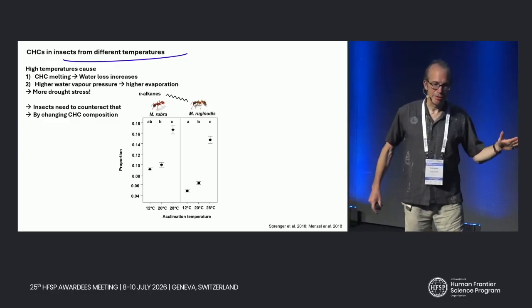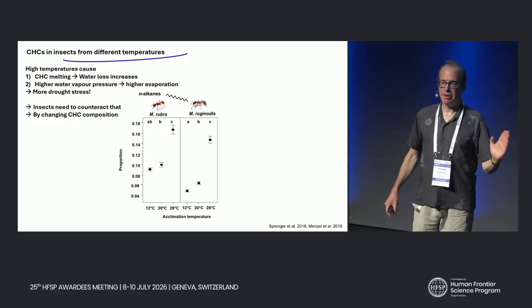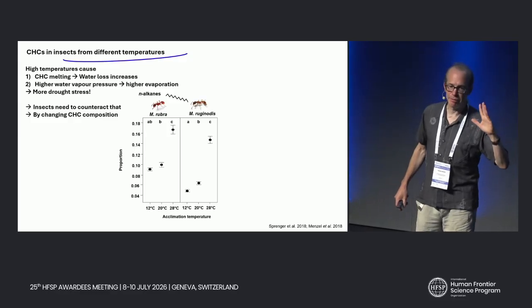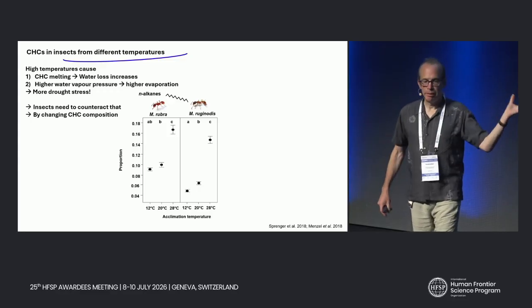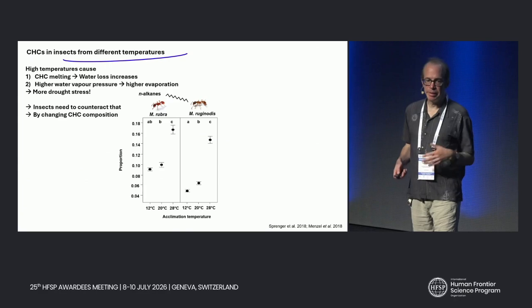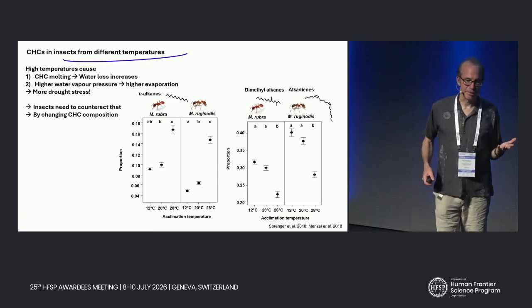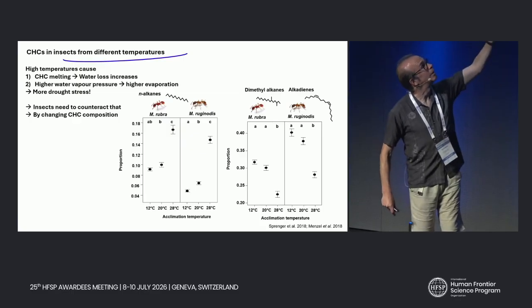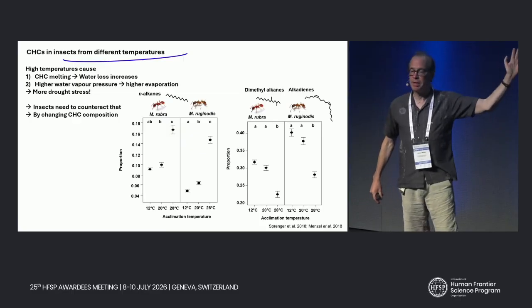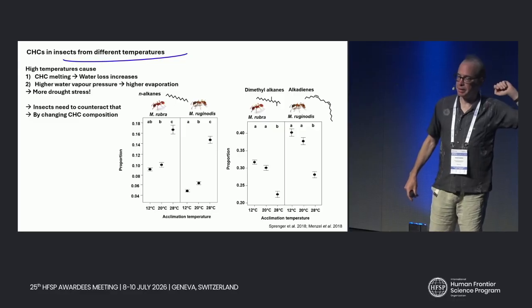And we see that when it's warm, you see a very strong increase in the relative abundance of these alkanes. Do you remember, alkanes are rather solid? So these increase when it's warm. At the same time, other substances which are sort of disruptive decrease. So when it's warm, you have much less dimethyl alkanes in the one species, and you have less of the alkadienes in the other species.